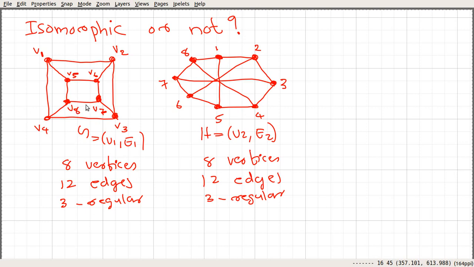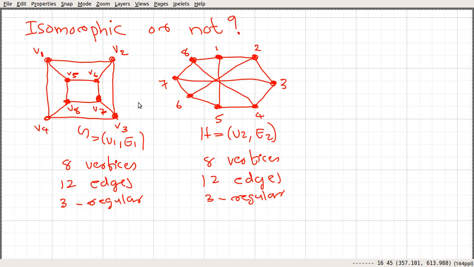So if this graph has a structural property and the other graph doesn't, then these two graphs must not be isomorphic. Proving isomorphism is somewhat hard. There is no general procedure for that purpose; you have to try hard.